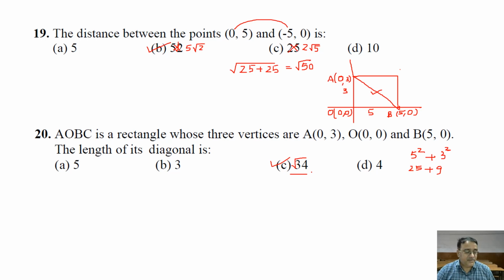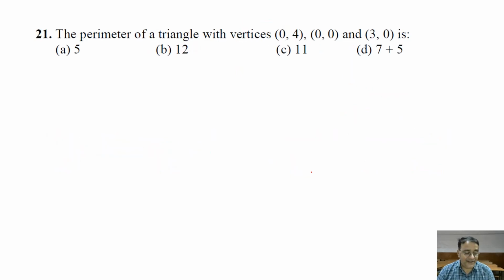Yes, sir. Okay. So now we are moving toward question number 21. The perimeter of a triangle with vertices 0, 4, 0, 0, 3, 0 is dash. So इसका भी एक रफ डायग्राम बना लेते हैं हम लोग.